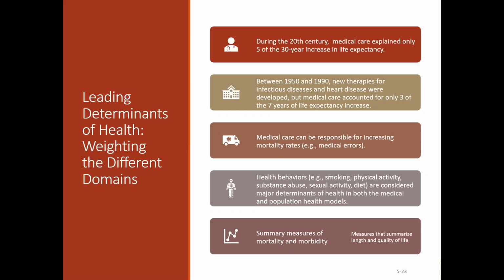Medical care can be responsible for increasing mortality rates, for example, from medical errors, perhaps infection. Health behaviors such as smoking, physical activity, substance abuse, sexual activity, and diet are considered major determinants of health in both the medical and population health models. And so the summary measures of mortality and morbidity tend to look at measures that summarize length and quality of life.